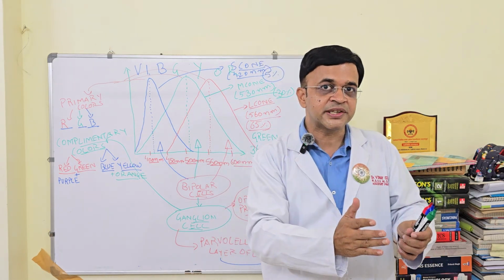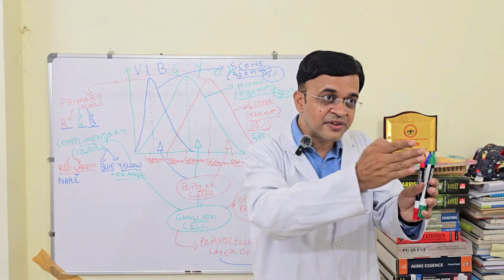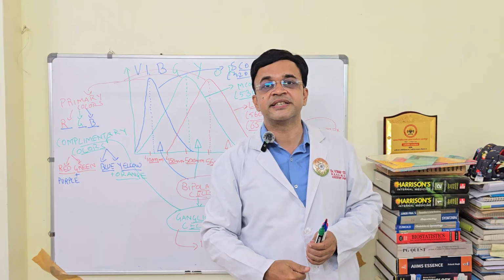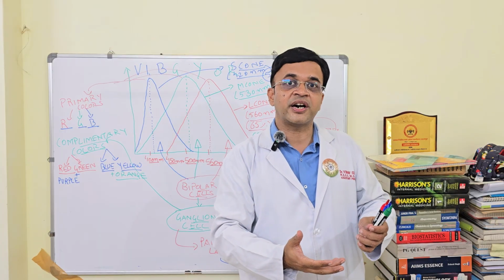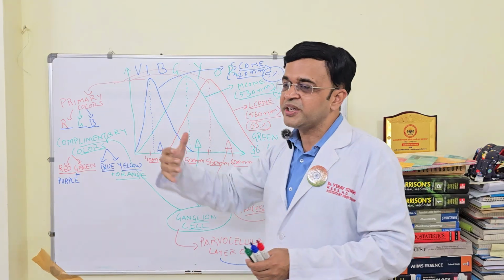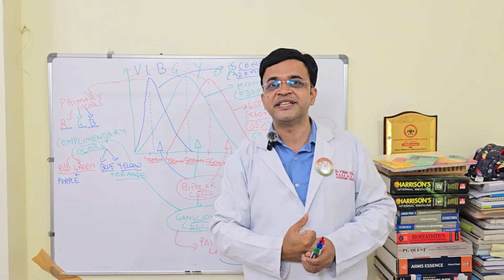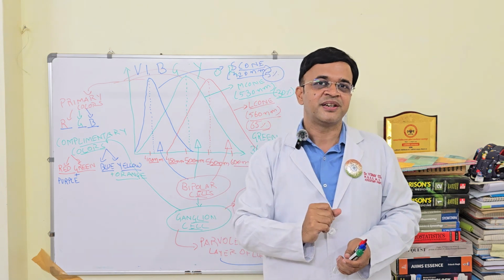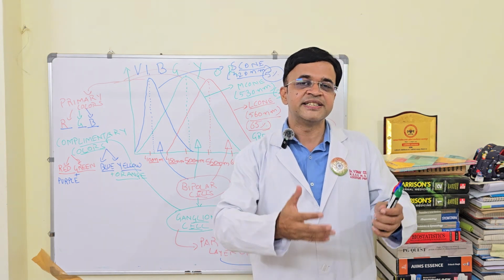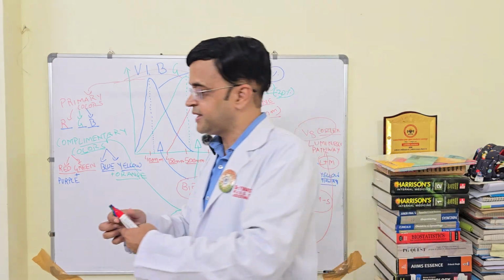A human will be able to see; a human can easily assess that in that green grass there is a yellowish tiger. But a deer can see only up to this point, so even that tiger will appear greenish to the deer. It's an interesting example of how our visual world is different from the deer's visual world.